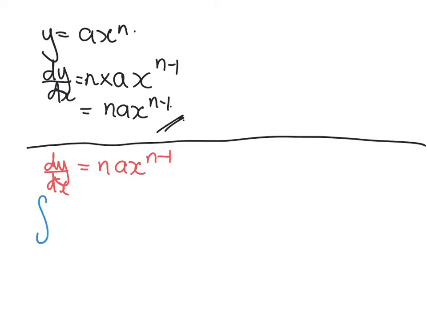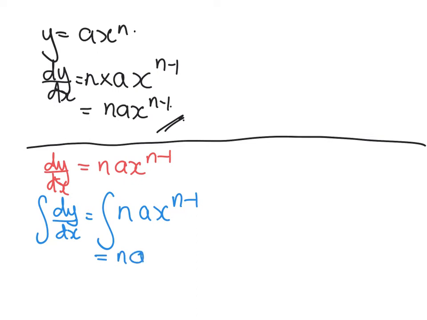we use the integration sign. y equals integrating nax^(n-1). So I can take the n and a out, which will leave us with x^(n-1), same as na.